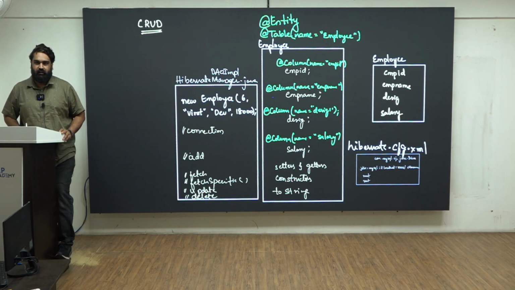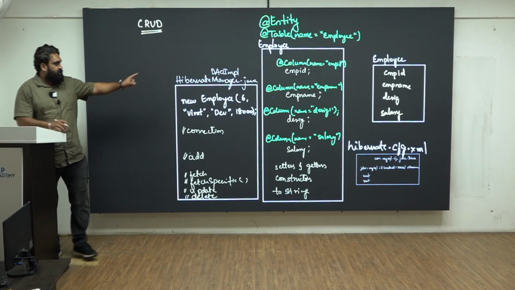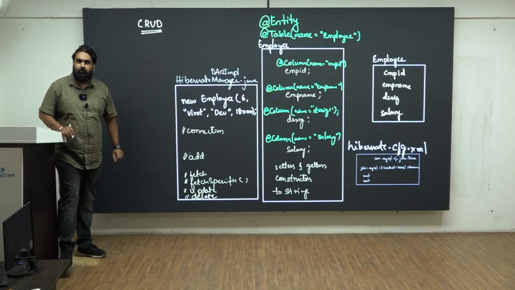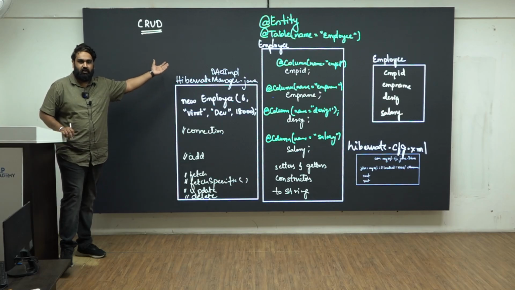Some of them will write it as Hibernate Manager, Hibernate DAO main method also. If I say there is a Hibernate DAO implementation, can you tell me what is missing here? DAO is missing, sir. Implementation, if it is there, there should also be one interface, sir.